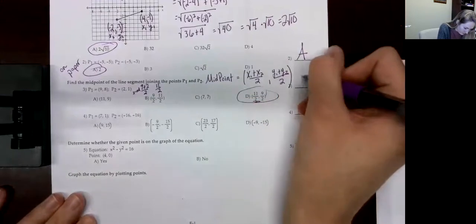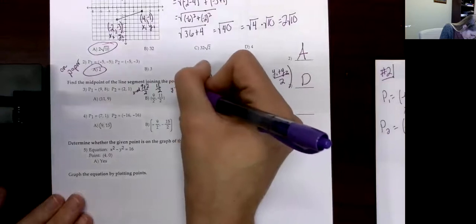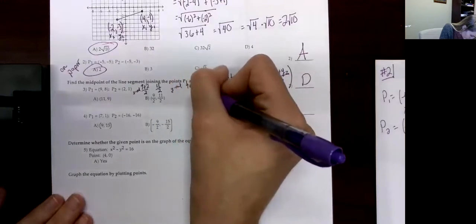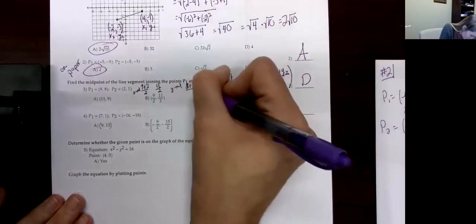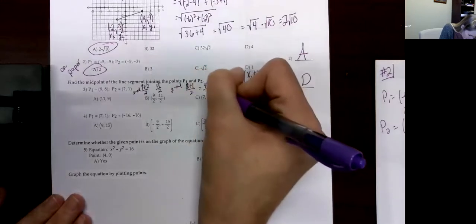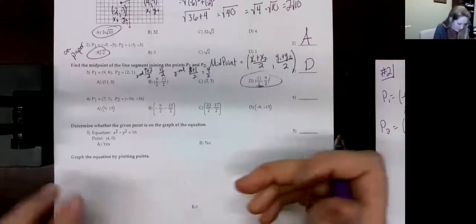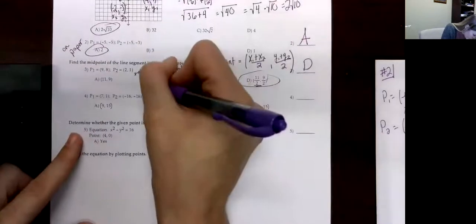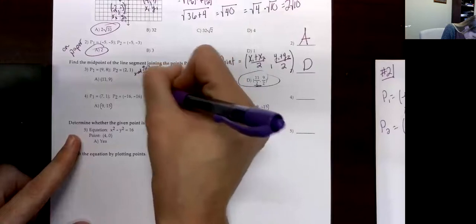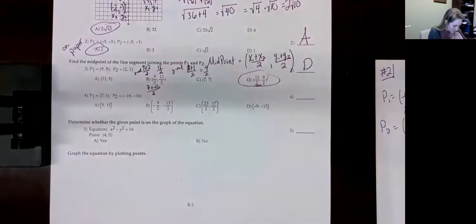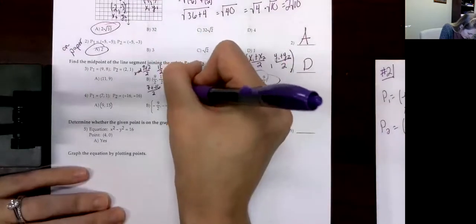So it's this one. If we wanted to go ahead and do our y values, we'd have 8 plus 1 over 2, which would be 9 over 2. Okay, for the next one, we'd have 7 plus a negative 16 over 2, which would be a negative 9 over 2.